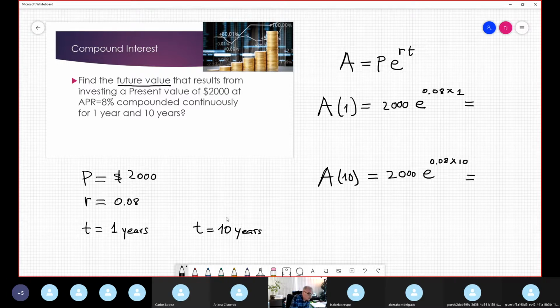So you need to investigate in your own calculator what is the E. By the way, it's the same key of the natural logarithm, LN, where you press shift, I suppose. 0.08 times 1 and 0.08 times 10. Okay, got it.